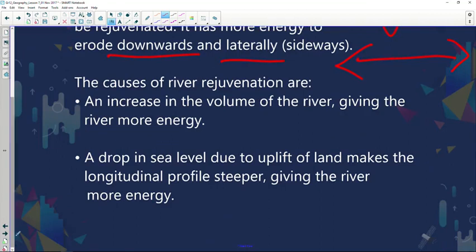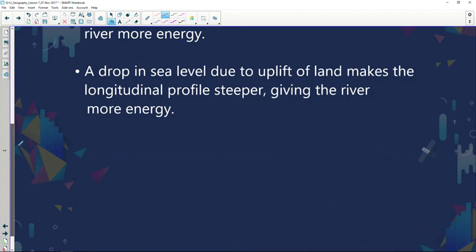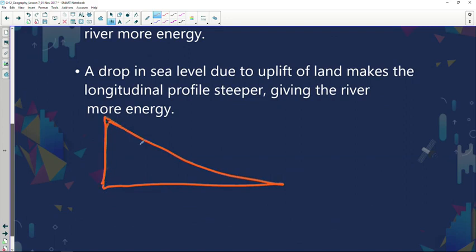So basically, what happens, we've got upliftment of land. Now, let's say for instance, this was our old longitudinal profile. And this was our source, and this was our mouth. Now, in red pen, this is where the ocean used to be.